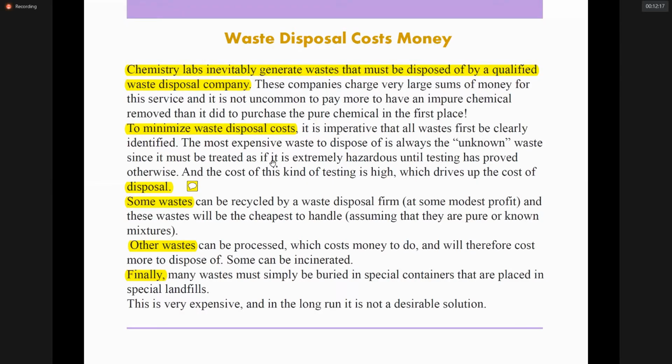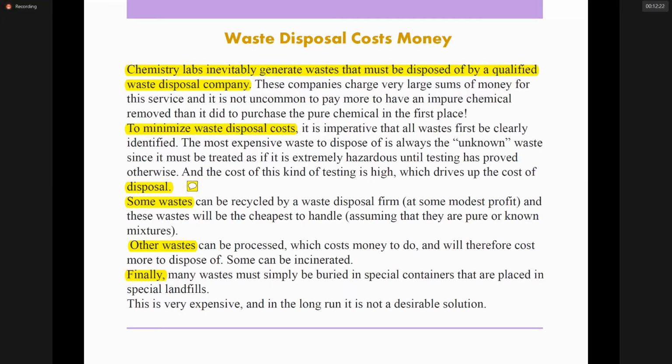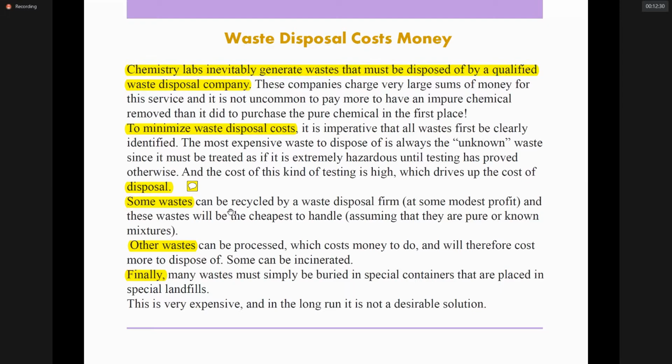That's why the majority don't apply this procedure or dispose of the chemicals in the appropriate way, because some waste can be recycled by a waste disposal firm, and these wastes are the cheapest to handle. Other waste can be processed, and this processing costs money. You will therefore pay more to dispose of some that can be incinerated.